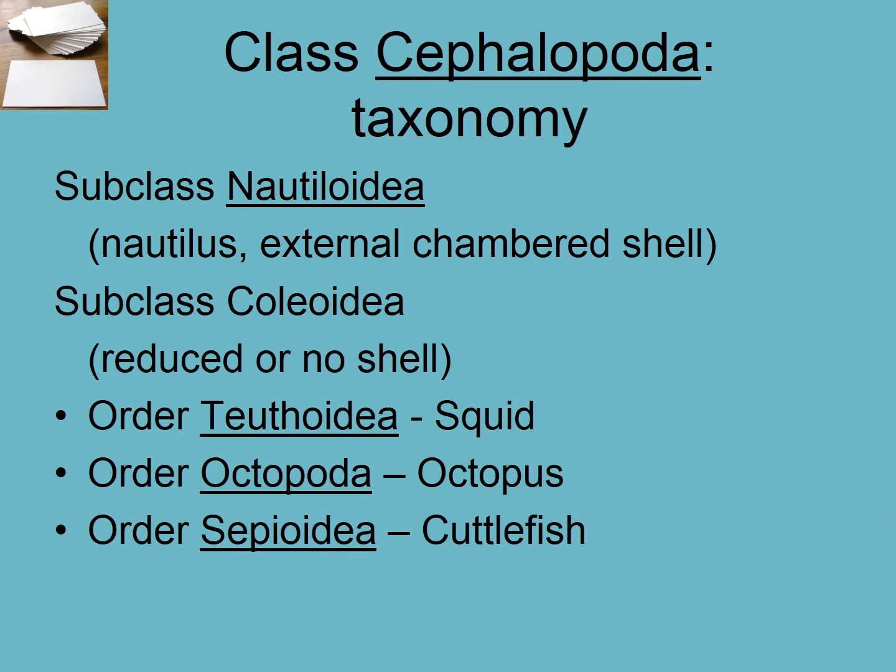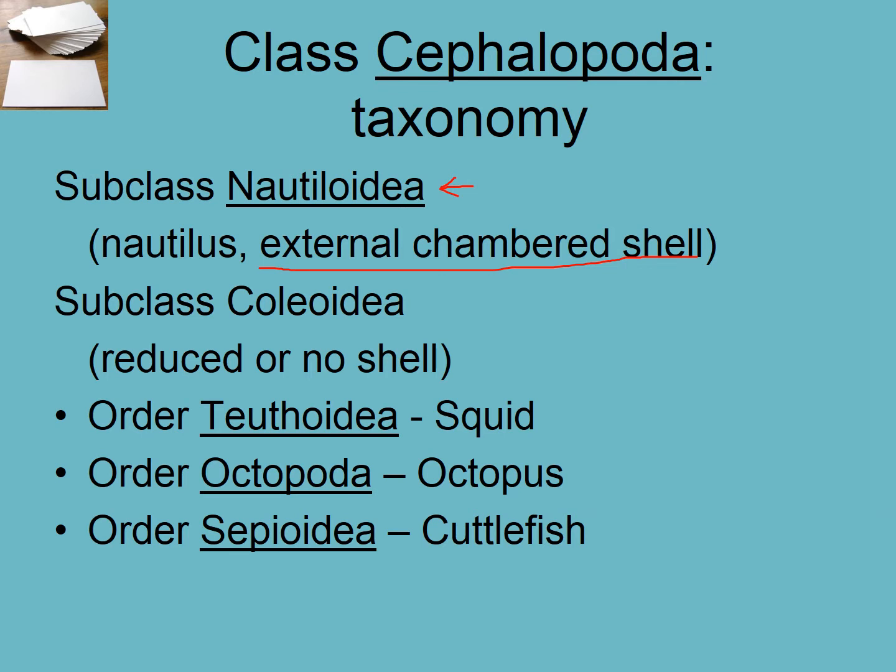So taxonomy for which you're responsible: Nautiloidea is the subclass that includes Nautilus, and they have an outside shell, okay, and up to 75 or 80 tentacles.